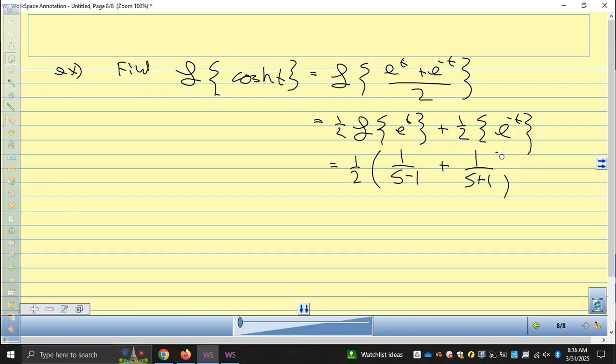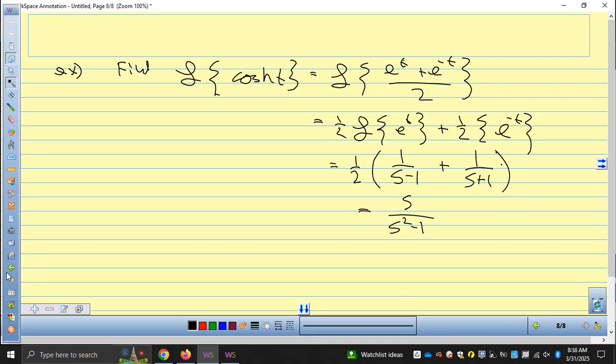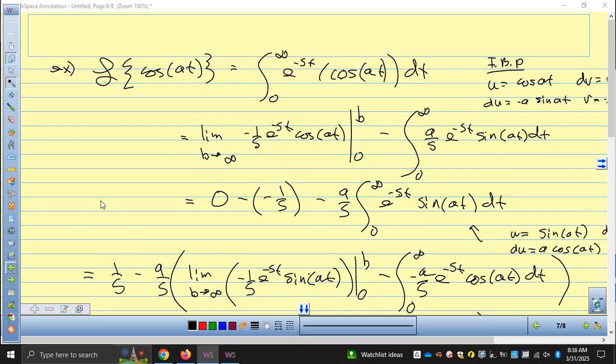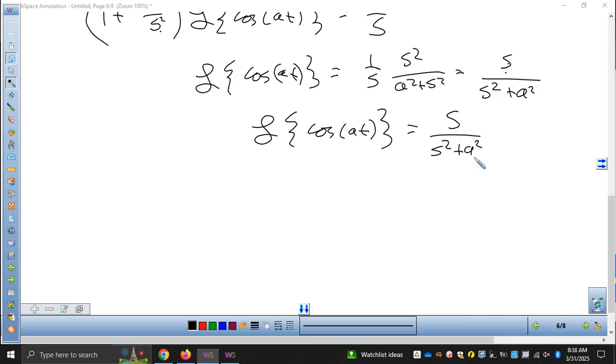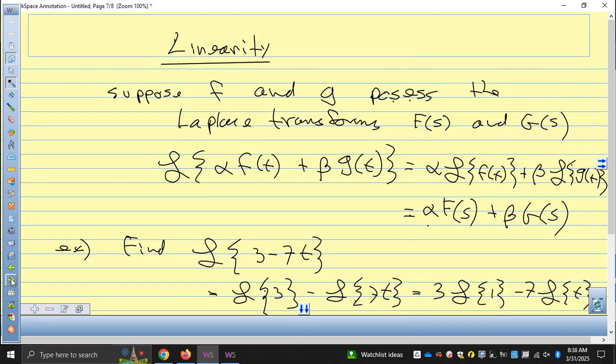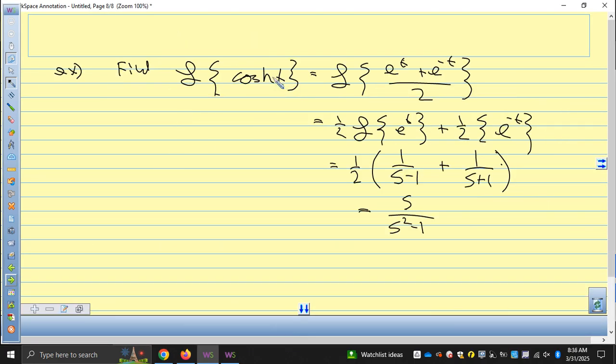Oops, parentheses. And we could write that as s over s squared minus 1. And if we go back to our cosine Laplace transform, s over s squared plus a squared, if this were cosh at, this would be s over s squared minus a squared.